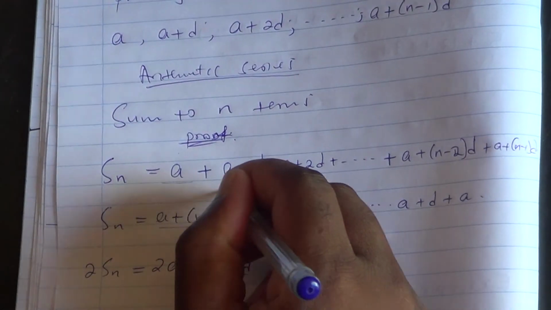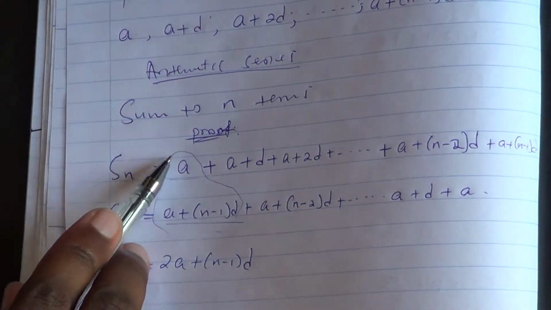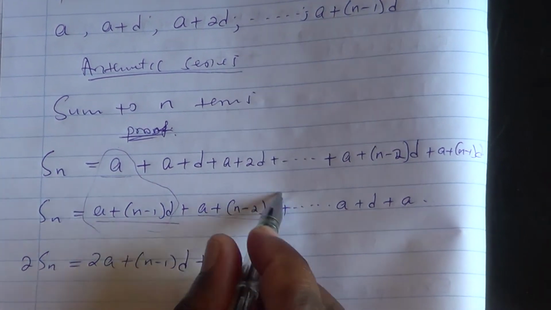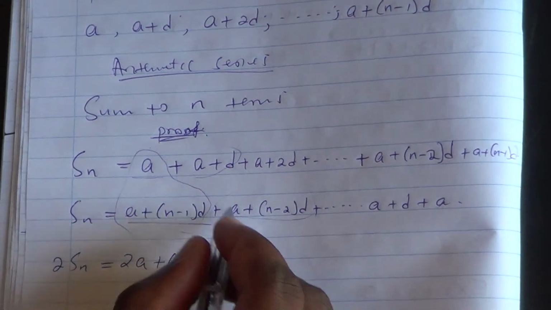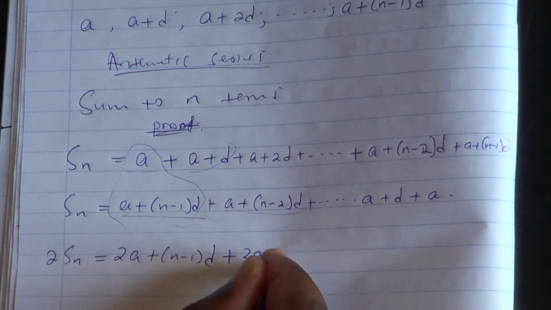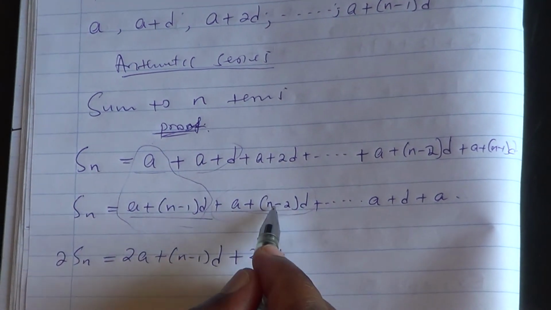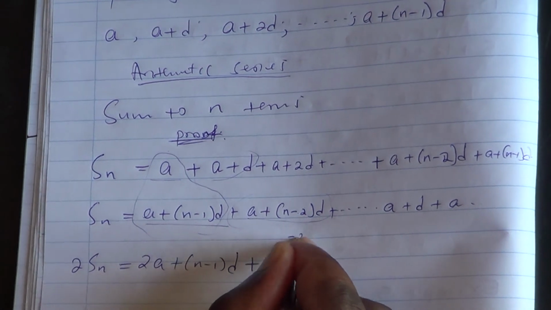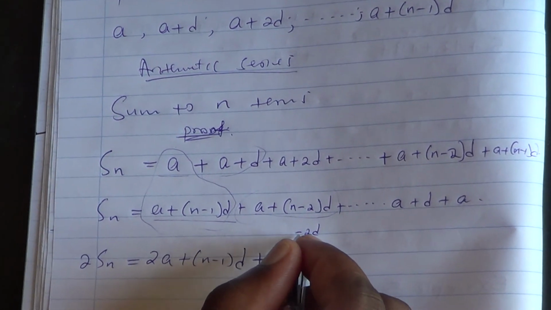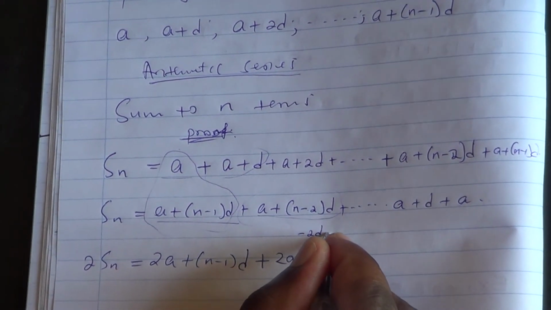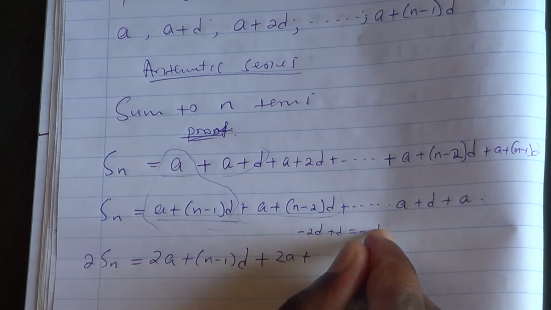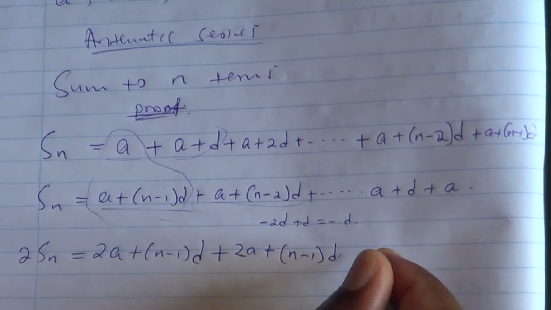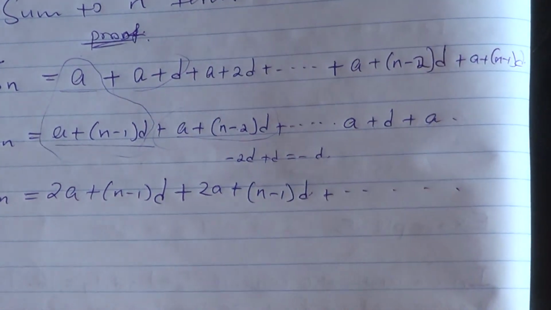We're adding the first terms, this one and this one. Plus, we're adding this one and this one. So this one is 2a plus (n minus 1)d. If you simplify here, this gives you minus 2d plus d, which gives you minus d. So this one gives you the same thing as the one on top.